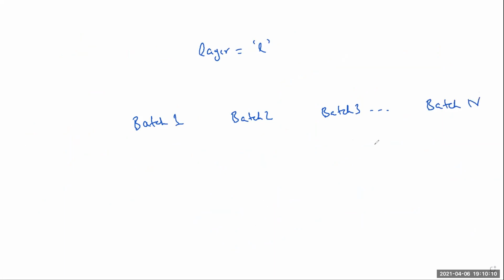So when we were doing training for this batch, we computed a mean and STD. Similarly for this batch, we computed mean and STD and so on. So for every batch, we had mean and STD, right, at the training time.